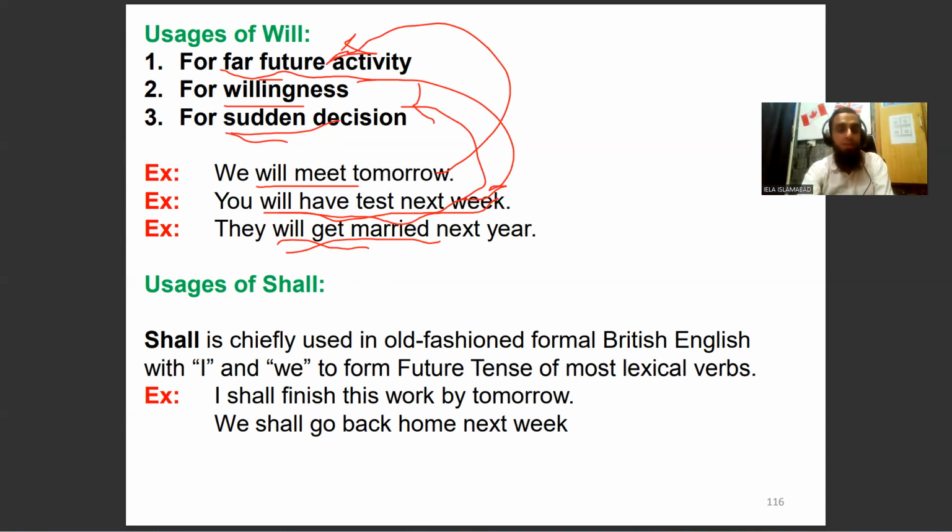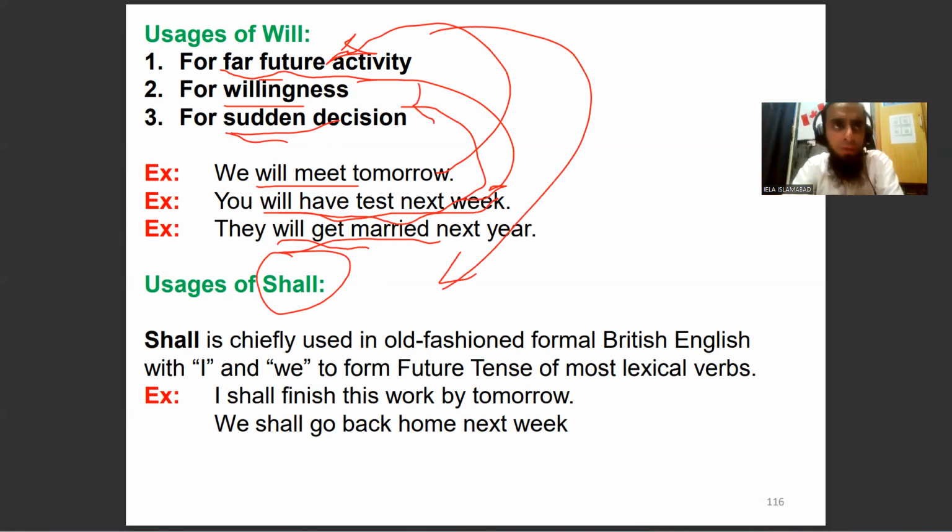Now, coming to the usages of shall, nowadays especially many students are stuck in the differences between will and shall. It is quite clear that shall is chiefly used in old-fashioned formal British English with I and we to form the future tense of most lexical verbs.